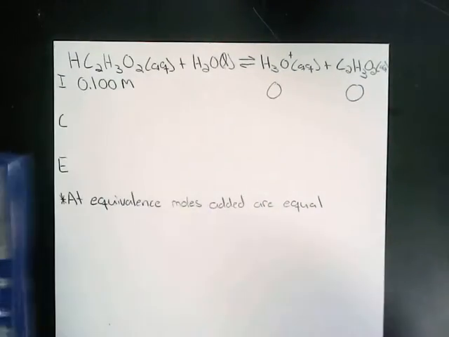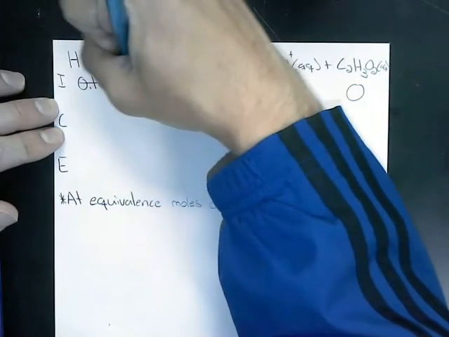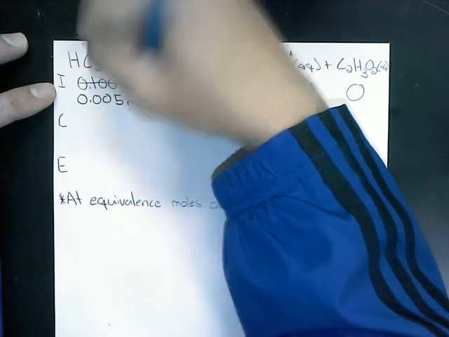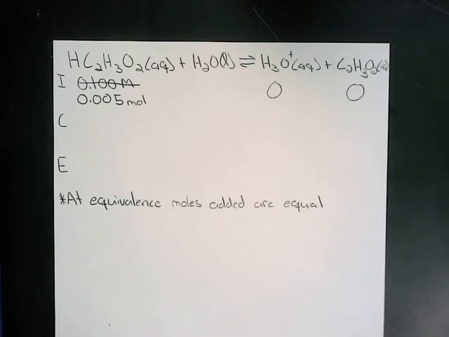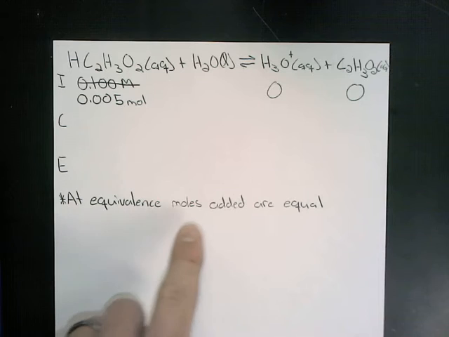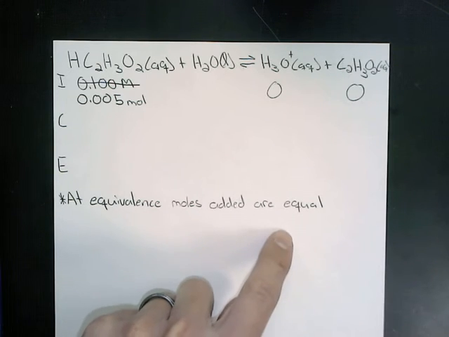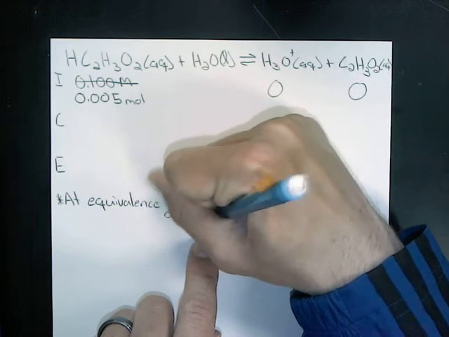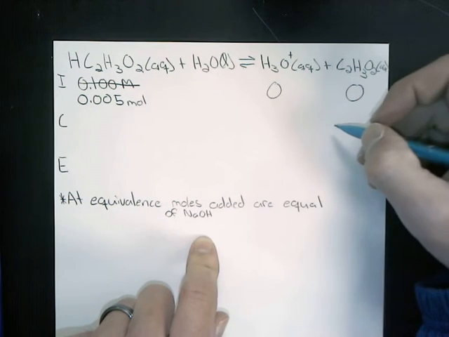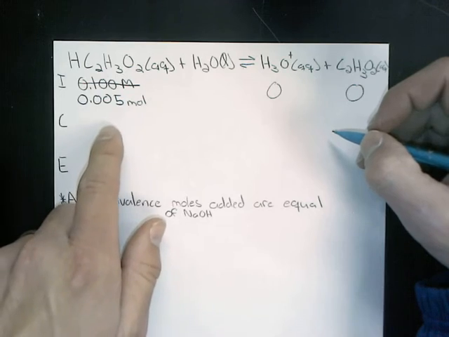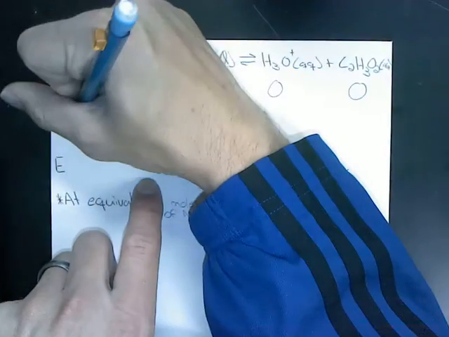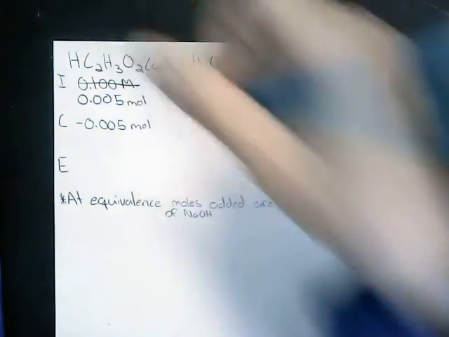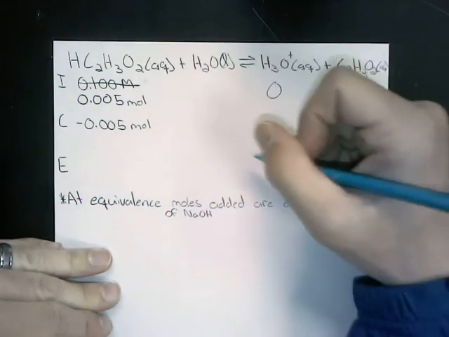Instead of putting 0.1 molar, I'm going to put 0.005 moles of acid. So at the equivalence point, the moles of NaOH added are equal, which means that if we added enough strong base, we have neutralized our acetic acid.